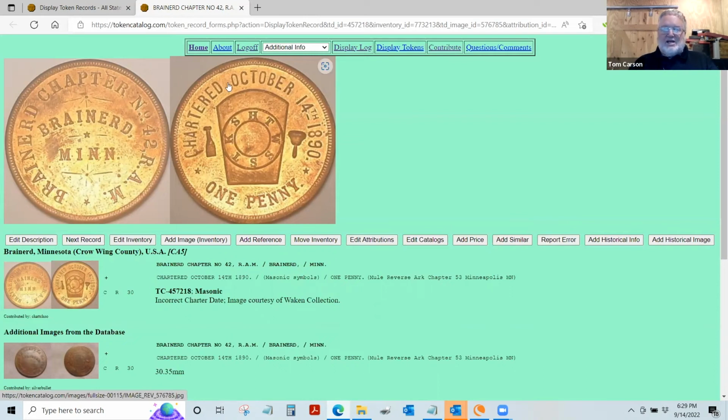Now, they used a similar design on the back of a whole bunch of pennies. The only difference was the charter date. Well, this one has the Brainerd, Minnesota front, but it's got the reverse of the art chapter number 53 out of Minneapolis.